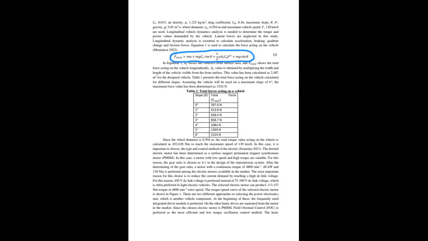A_f is your surface of your vehicle. For example, in this study, A_f is calculated as 2.487. And then vehicle speed square, plus m g sin theta, theta is slope.